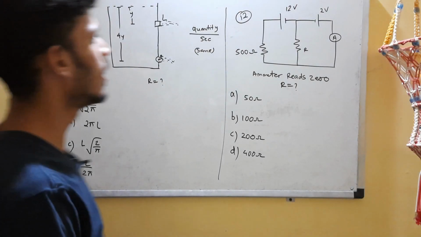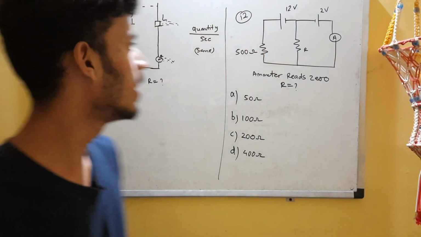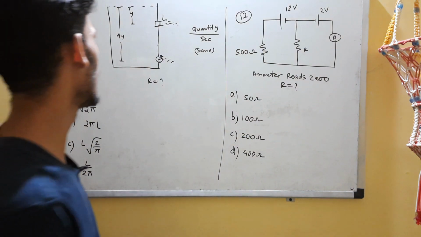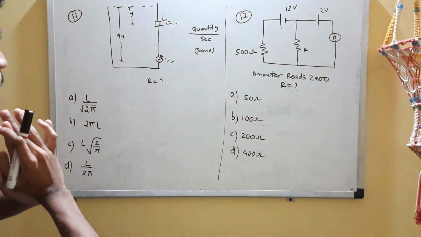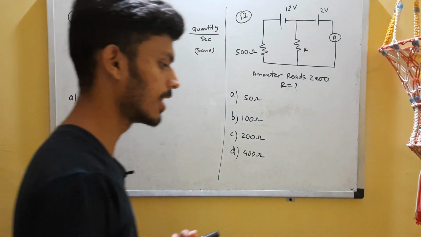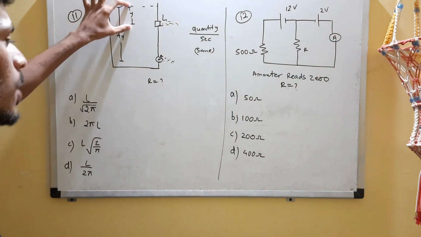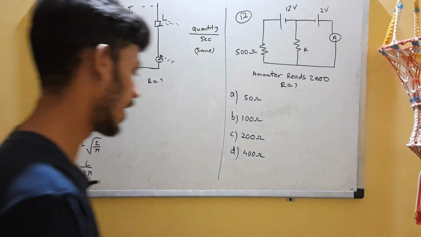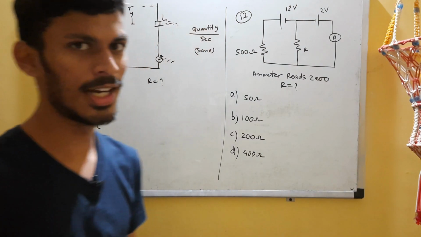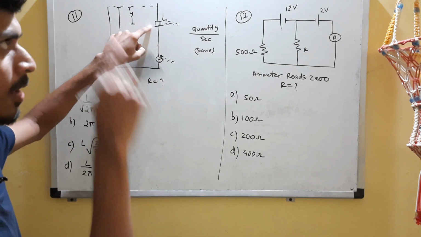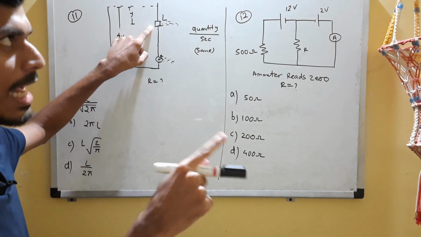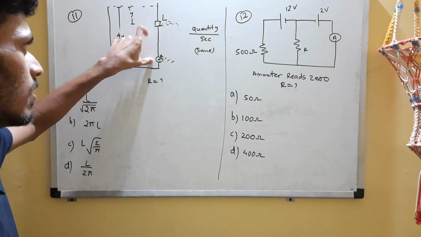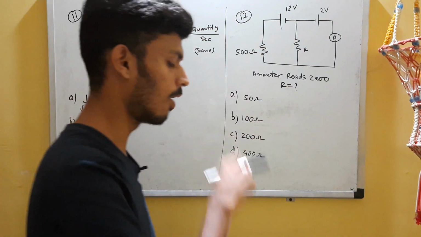So question 11 and 12 over here, let's get to it. Question 11 actually is a bit tricky. Here we have a tank. We have made two holes in this tank, one at a level y from the top level and one at a level 4y from the top level. These two holes are different in nature. One is a square of side length L, and the other one is a circular hole of radius r.